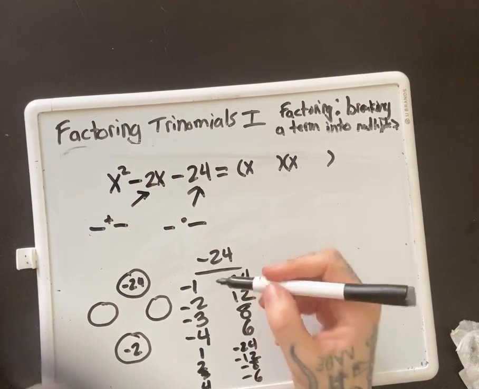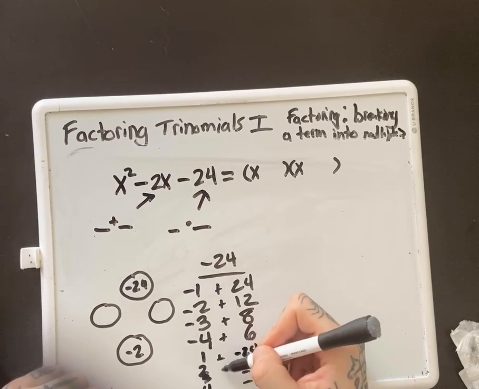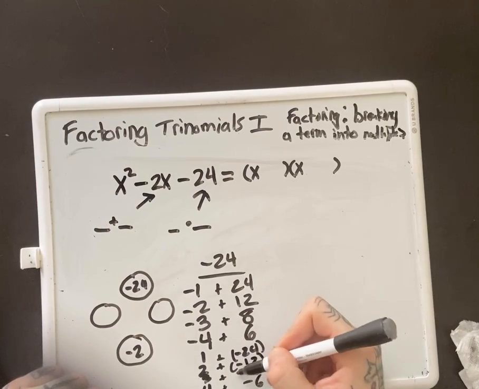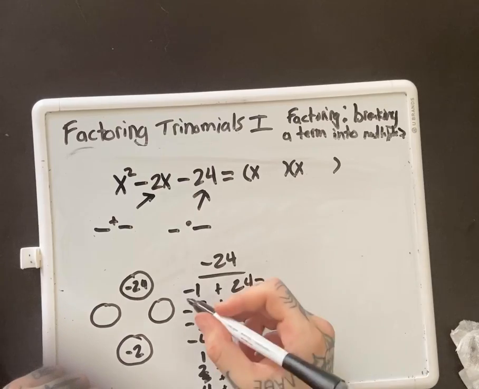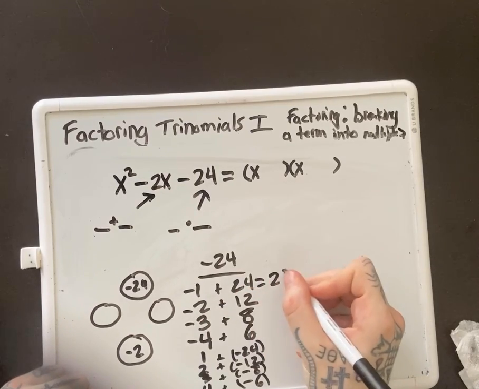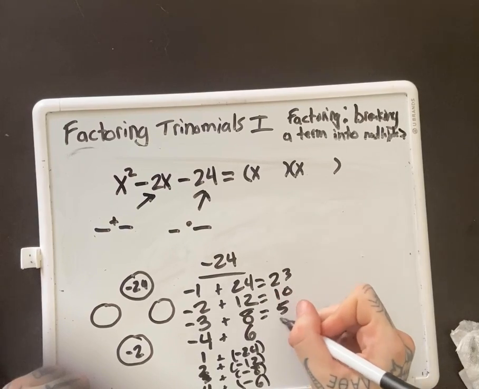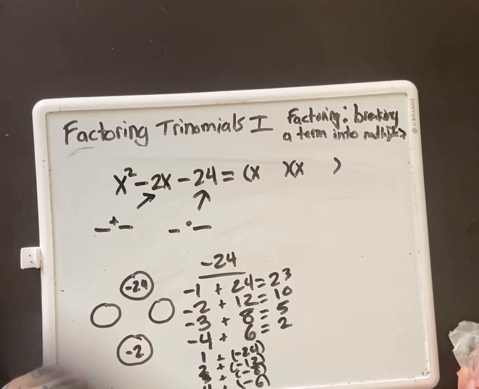So now we have to figure out what's the right order and which pair adds to negative 2. This is going to give us 23. This is going to give us 10, 5, 2. All right, so those are all positive.